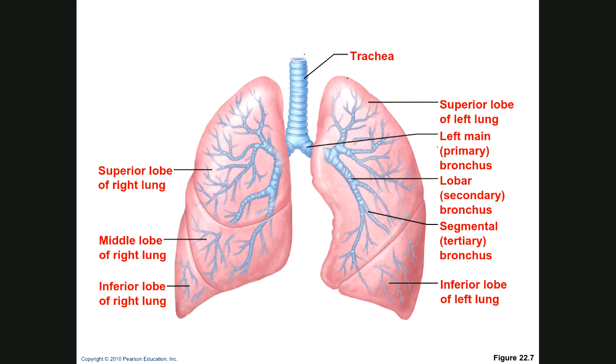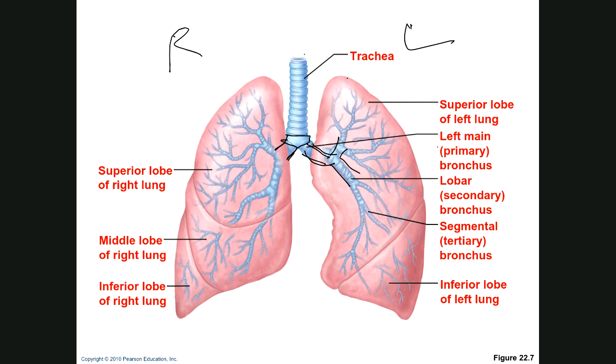All right, here you can see the carina. Here is the left primary bronchi. This is the right primary bronchi. The left primary bronchi subdivides into two secondary or lobar bronchi.